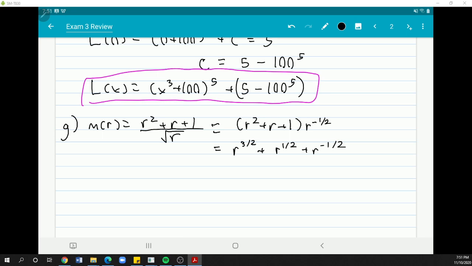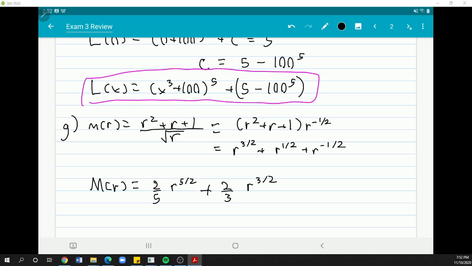And now we want to find an antiderivative. So we say capital M of r is now going to be r to the 5/2. I know I need to increase the power by 1. To end up with a 1 in front, I'm going to need to multiply by 2/5 plus I'm going to have an r to the 3/2. And again, I know that I need to end up with that.